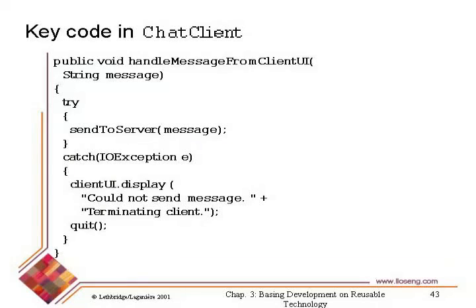And what we do under those circumstances is we say client UI.display. Notice the call to display again. We're notifying our user interface component that there's a problem. We're not doing it directly. We're never in this chat client class, which is the core part of our system, doing any user interface work. We're always delegating user interface work to our user interface, whatever it might be.